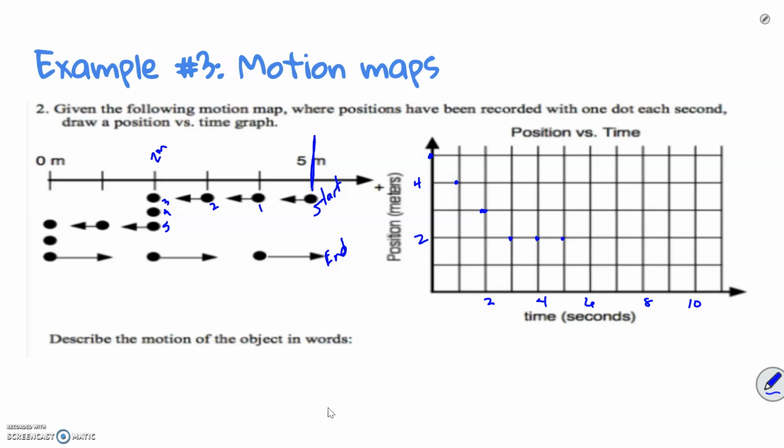The 6th second, we're at 1 meter. The 7th second, we're at the origin, 0, and we're also there at 8 seconds and at 9 seconds. And then we start to move again, and at 10 seconds, we're at the 2 meter mark, and at 11 seconds, we're at the 4 meter mark. So the graph looks like this.